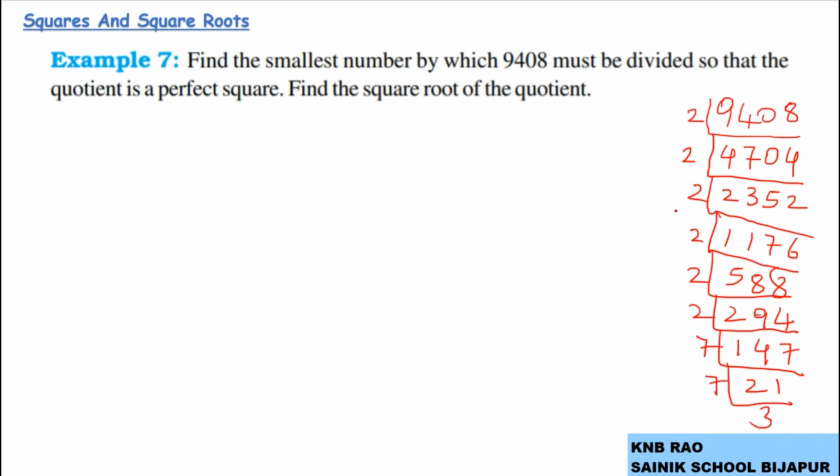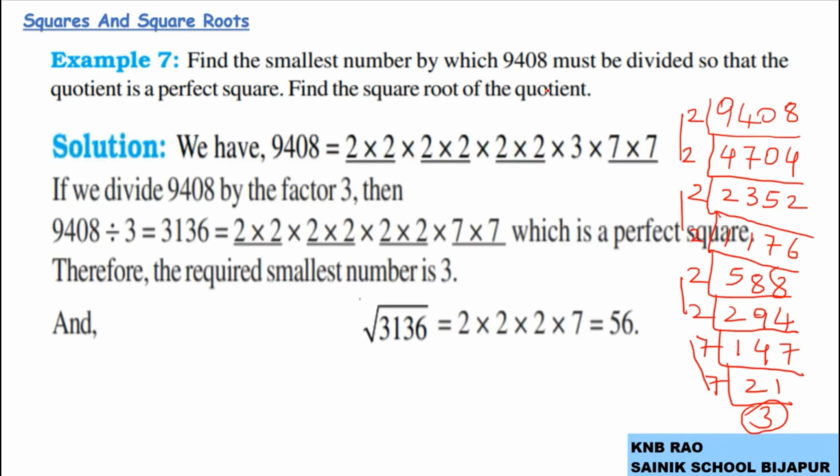Again here this 9408 has got pairs of 2's, has pairs of 7's, but is missing a pair for the prime factor 3. So in the prime factorization of 9408 we need that 3 getting away. So 9408 must be divided by 3 to make it a perfect square.